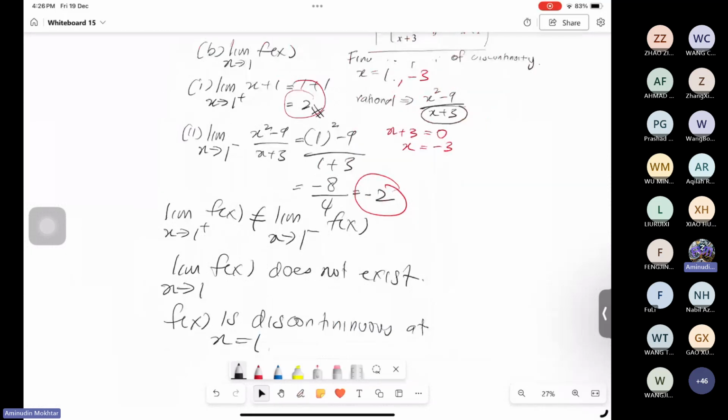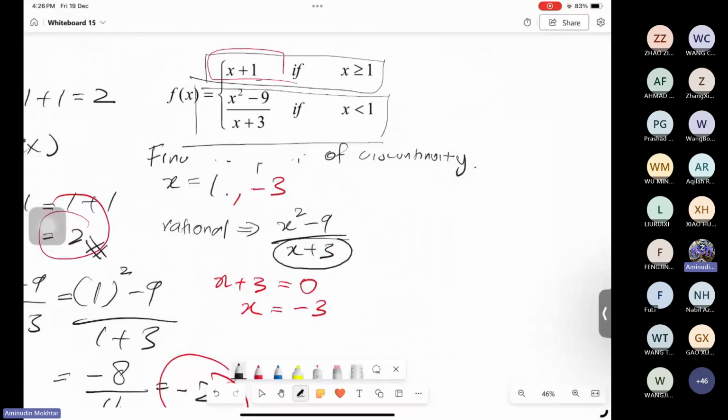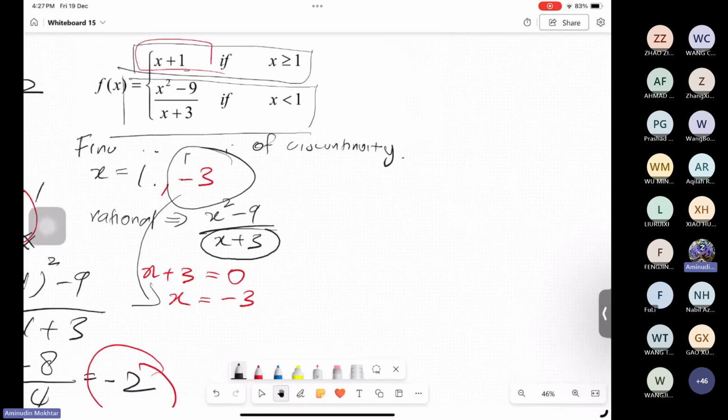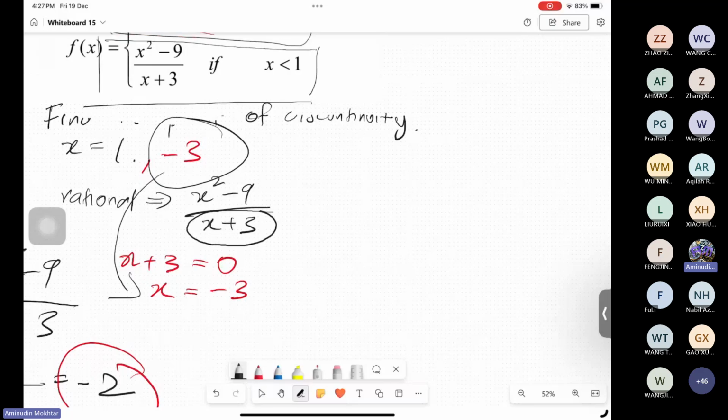The second one is at x equal -3. I proved before that when x equal -3, the denominator of the rational function is 0. So we need to check whether at this point the function is continuous or not.